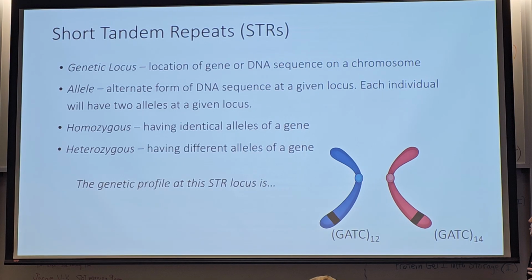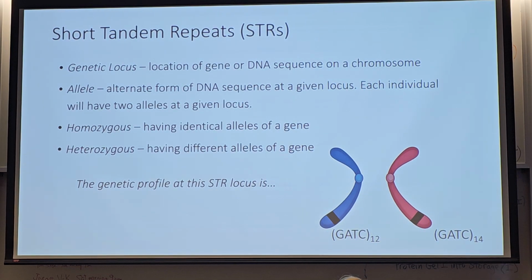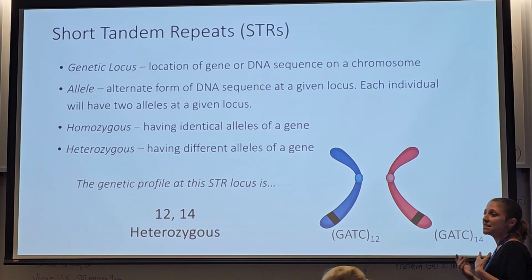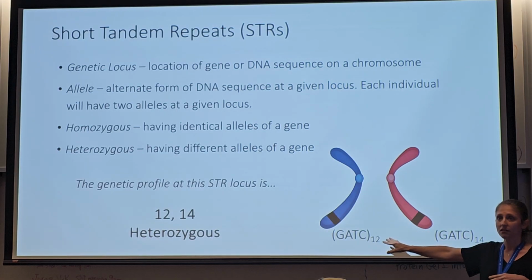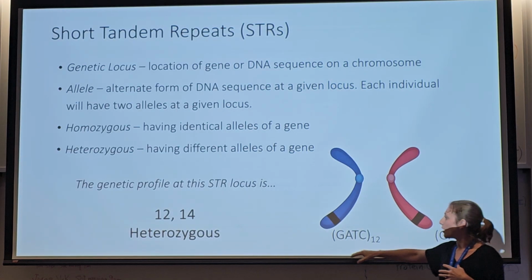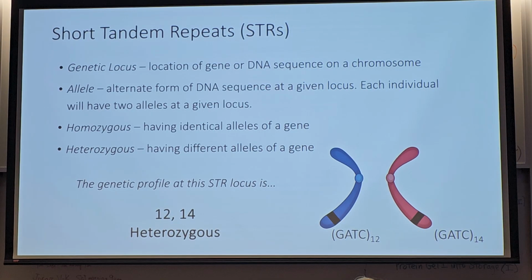So in this example, you've inherited a version where it has 14 repeats from mom and 12 repeats from dad. If we want to characterize what that means at that locus, we would say that this individual is heterozygous for this particular STR, and we would call their alleles 12 and 14, okay?